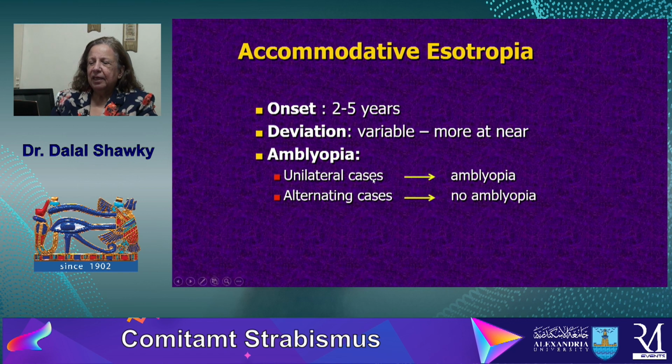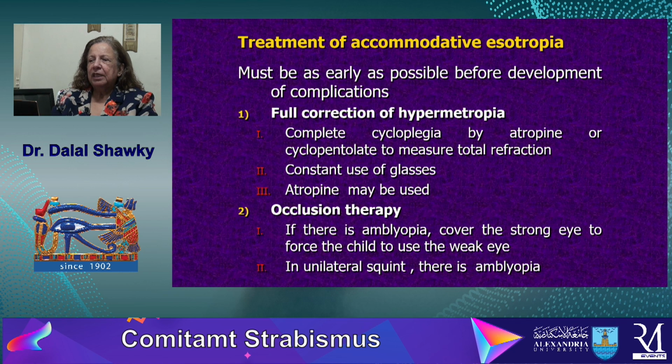So in unilateral cases where amblyopia is present, we have to treat amblyopia first by occluding the normal fixating eye, part-time occlusion, and following until the unilateral squint is transformed into alternating type. The treatment of accommodative esotropia includes 4 items: glasses, occlusion, exercise, and surgery.